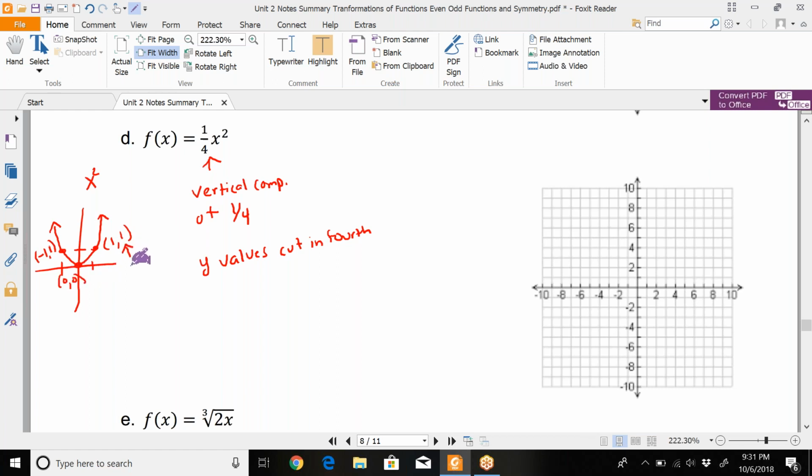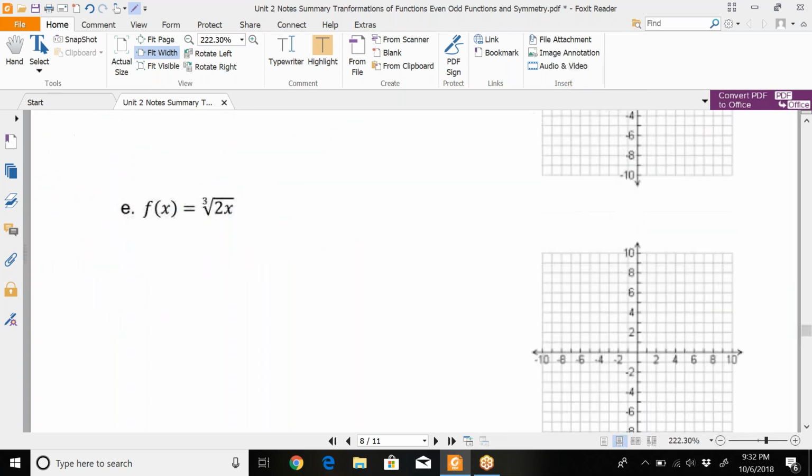You're going to cut each of the y values in fourth. That means times it by a fourth. So 1/4 of 0 is still 0. So still at 0, 0. 1/4 is really tiny. -1, 1/4 is also tiny. So notice this has compressed that parabola so that it doesn't grow as fast.